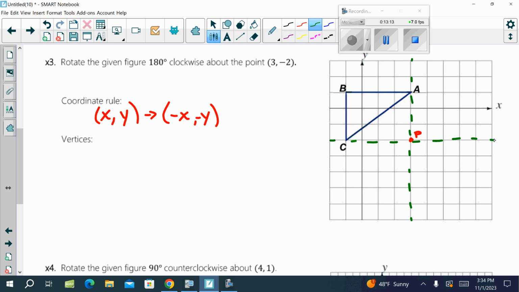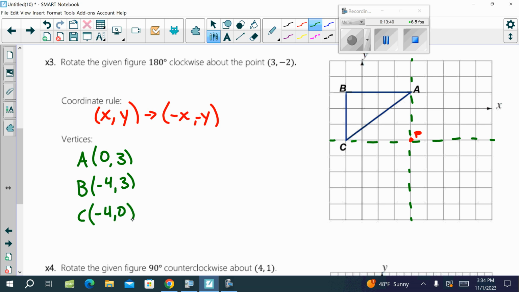That's why I got my x and y axis mixed up a second ago. So A, according to the point where we are rotating around, that origin, is at 0, 3. B, according to this origin, is at -4, 3. And C is at -4, 0.